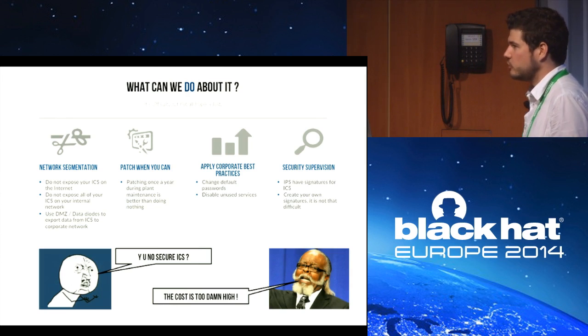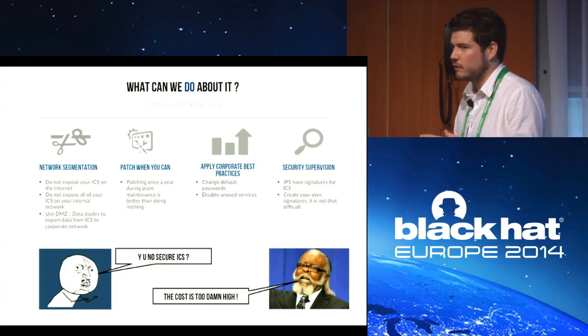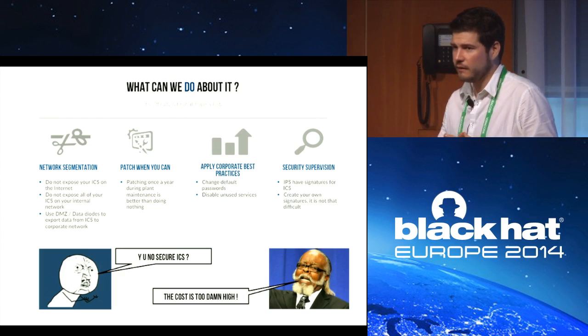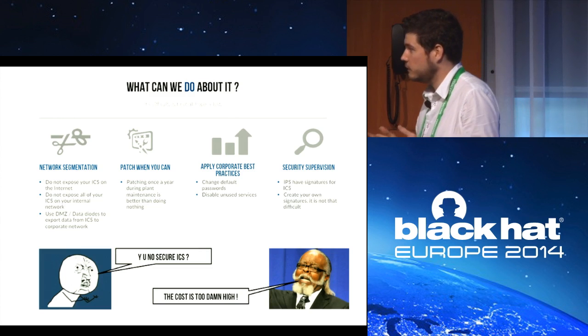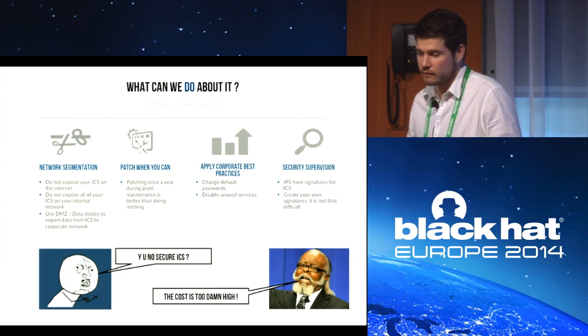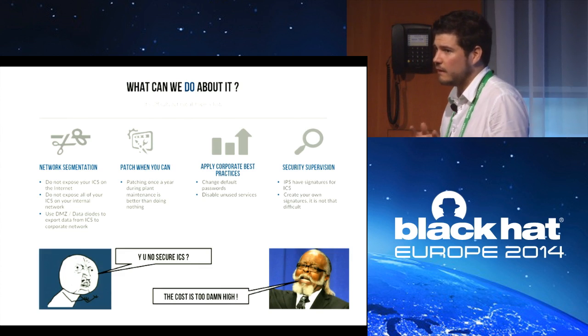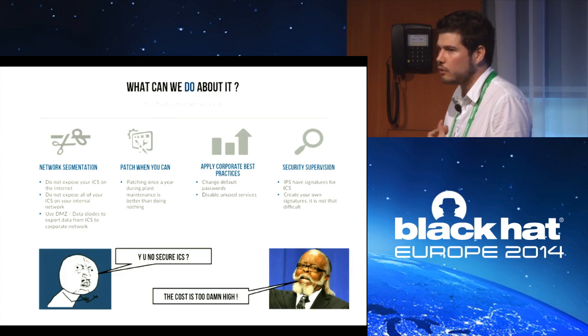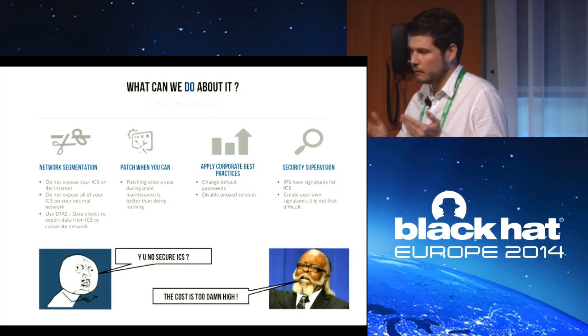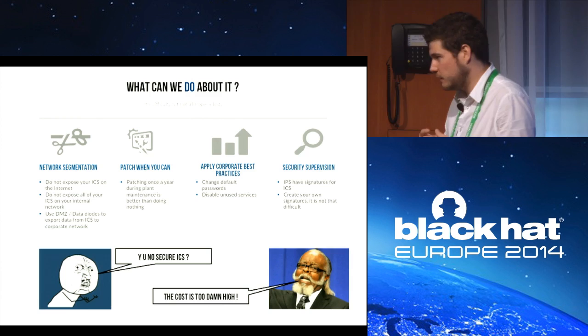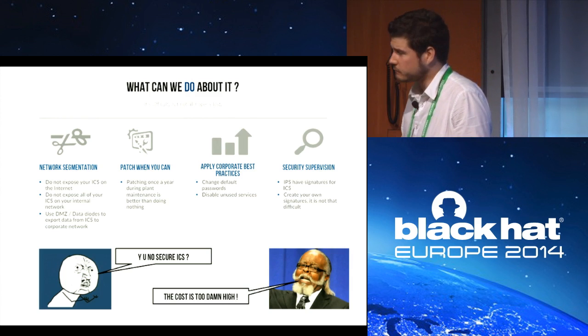But network segmentation, for example, as I demonstrated with Shodan, you can find ICS on the internet. That's not normal. I do not understand why it is the case. So that's the first step. Actually scan the internet or use Shodan to find your own ICS and be sure that they are not on the internet. Some of my clients did, and they found some interesting things.